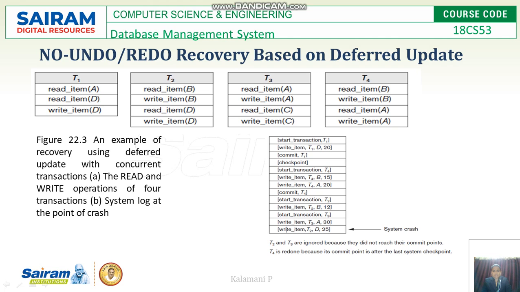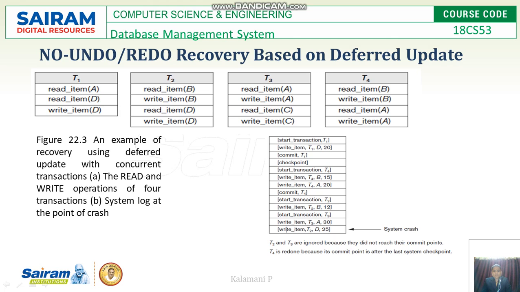T4 is committed after the checkpoint, so the redo should be done. That is, T4 is redone because its commit point is after the last system checkpoint. But T1 is committed before the checkpoint, so no need for any redo or undo operation. T4 is committed after the checkpoint, so the redo operation is required.